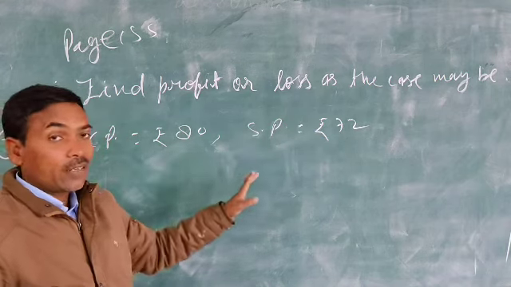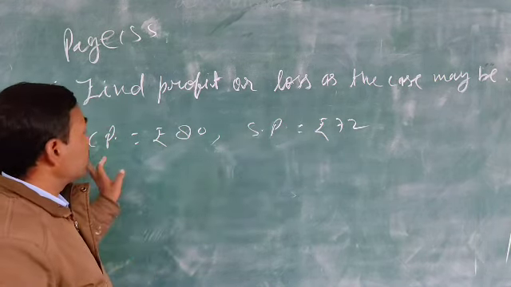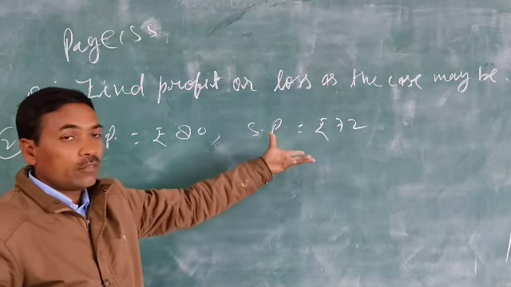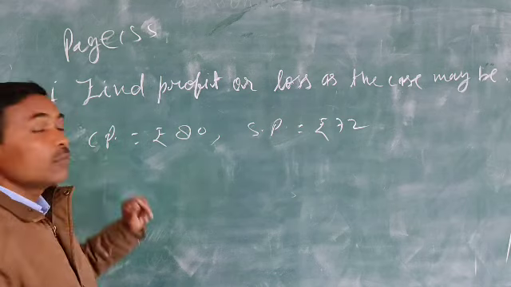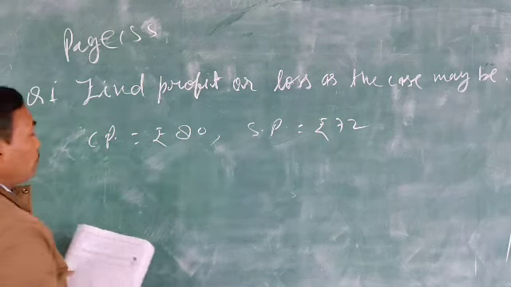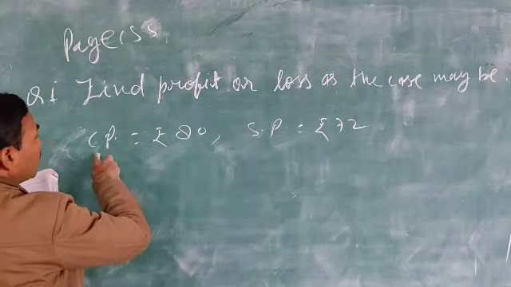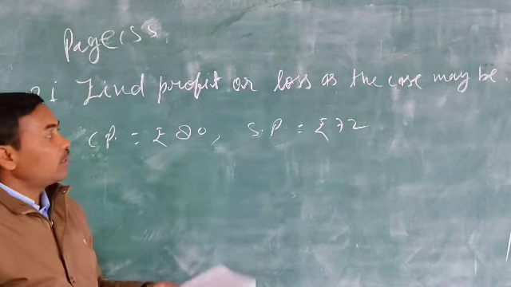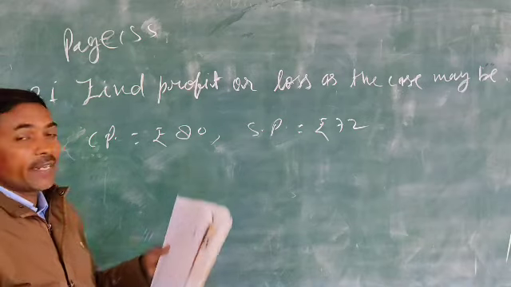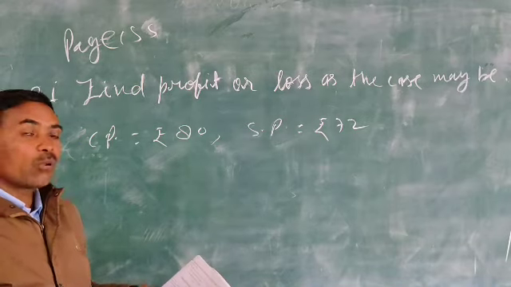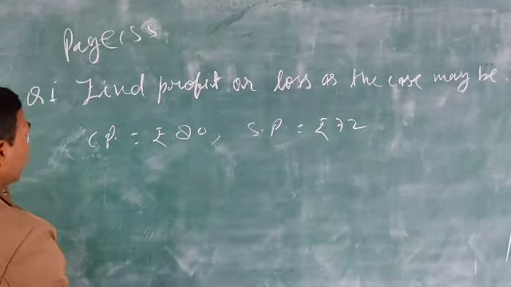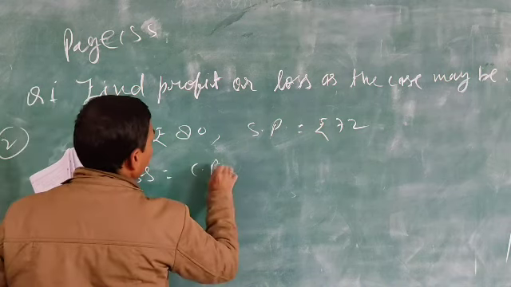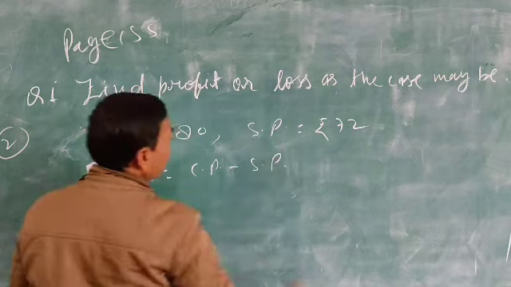That is, you get a lesser amount. You are losing something from your CP. So you can compare CP and SP. In the case of CP greater than SP, there will be loss. So here you can write loss equals CP minus SP.